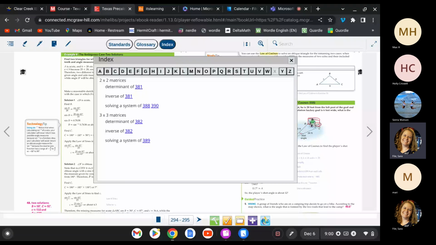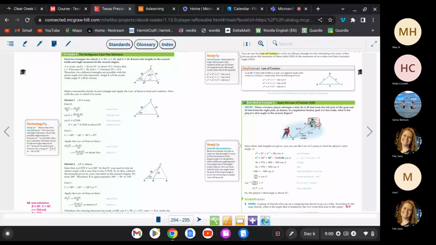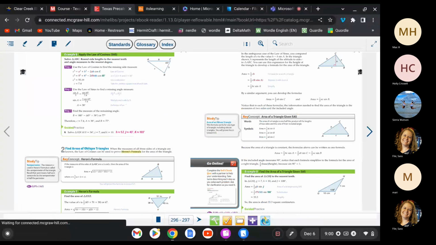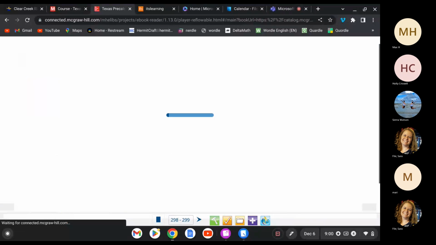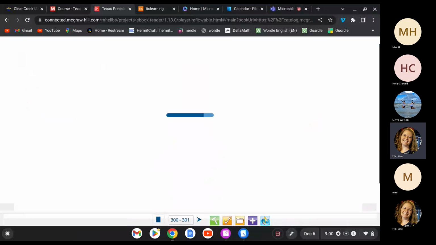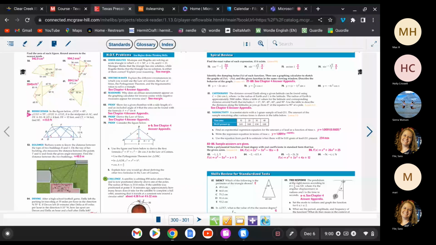Oh, that's not the index I want. I might have to just show them to you by hand if I can't find this index.